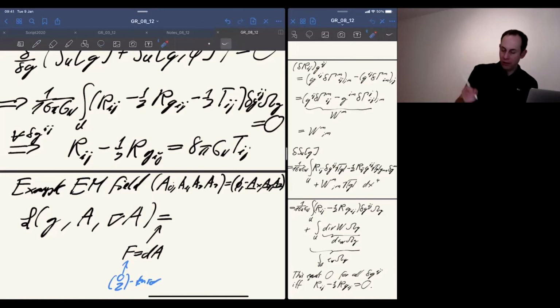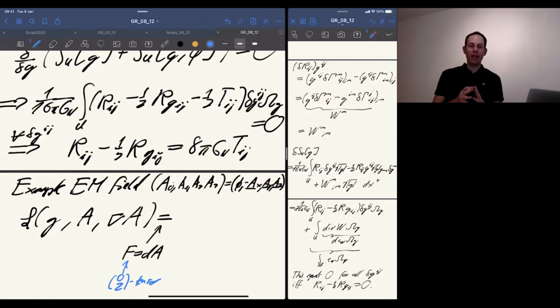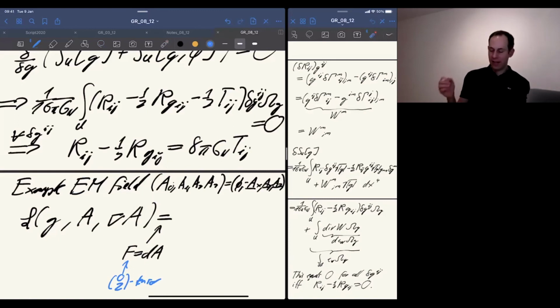So for the moment, this is just an abbreviation. You don't need to know what F really is in terms of the electric and magnetic field. It's just something that derives from dA.